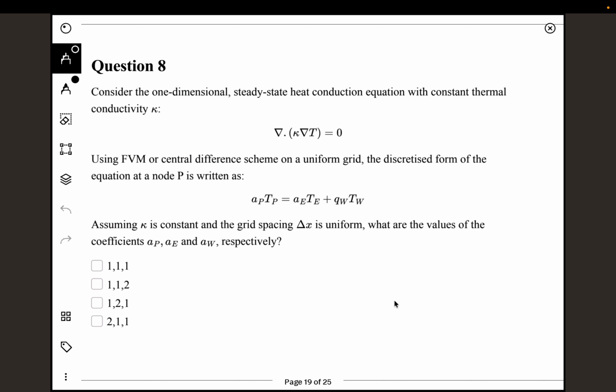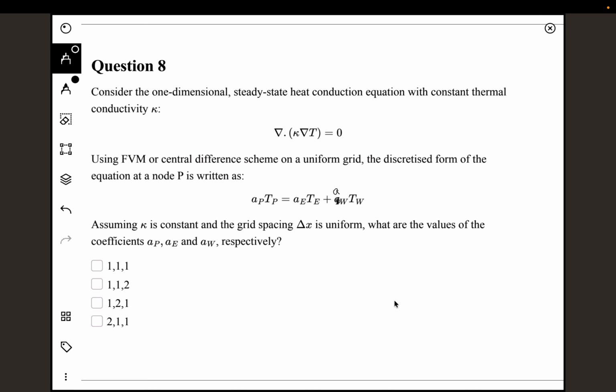Okay, consider the one-dimensional steady-state heat conduction equation with constant thermal conductivity kappa, where del dot kappa del T is 0, using finite volume method and central difference scheme on a uniform grid. The discretized form of the equation at node P is written as APTP is AETE plus AWTW. This we already know.